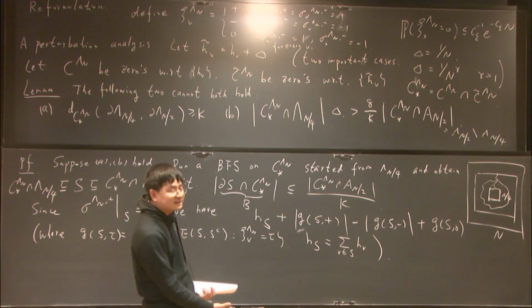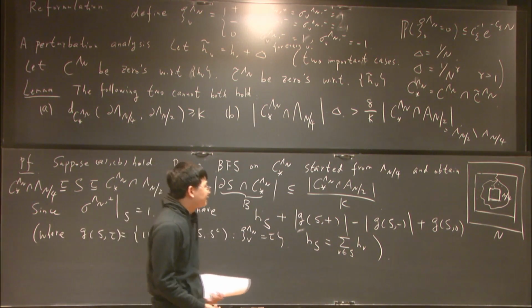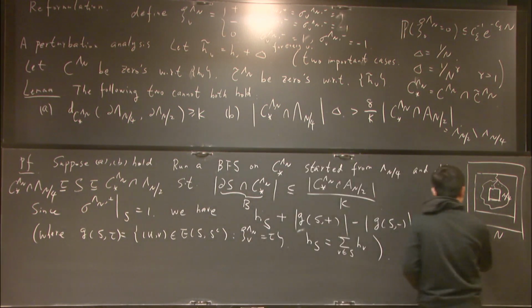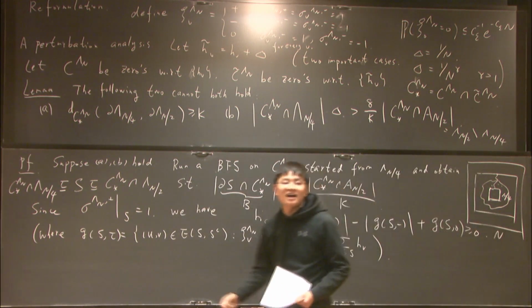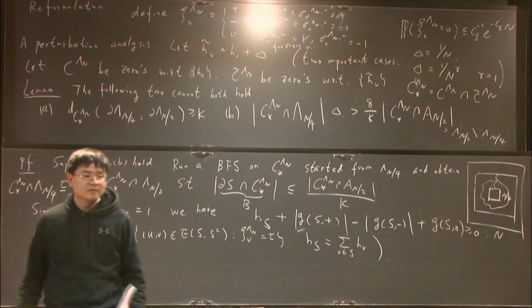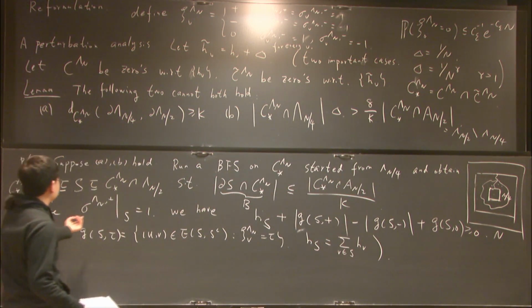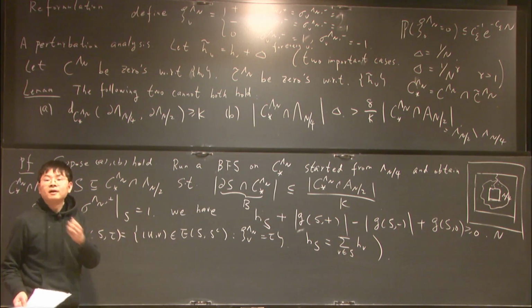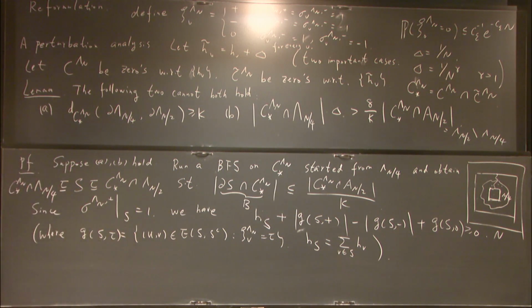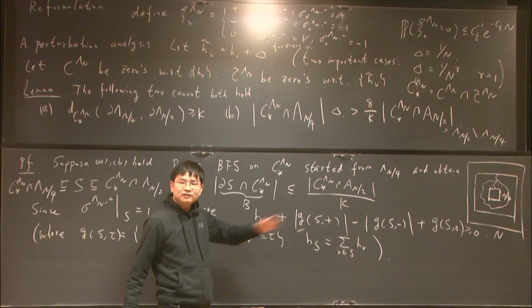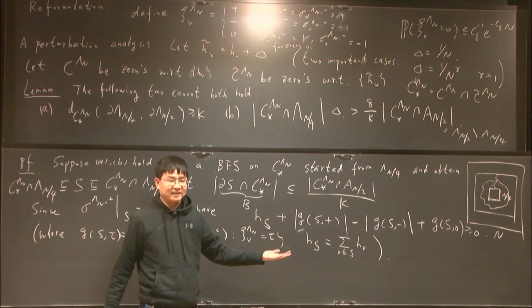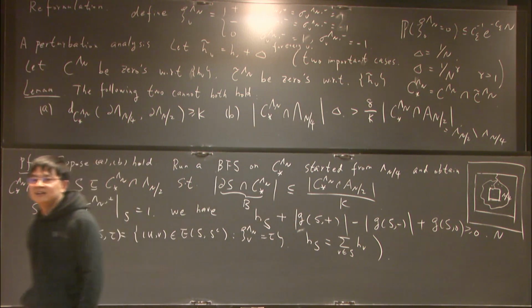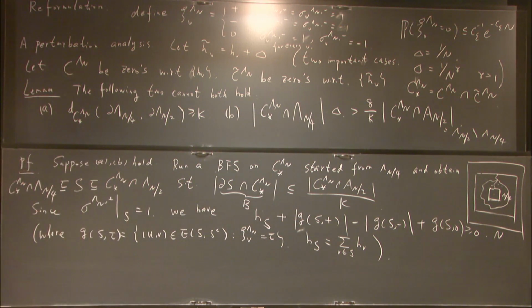Since you prefer plus in this case, that means this has to be greater or equal to 0, because otherwise minus is better, which would contradict the fact that with the plus boundary this is 1. Yeah, if this does not hold, then you flip all the spin values at S, and it would give you something better. This contradicts the minimality of the Hamiltonian.